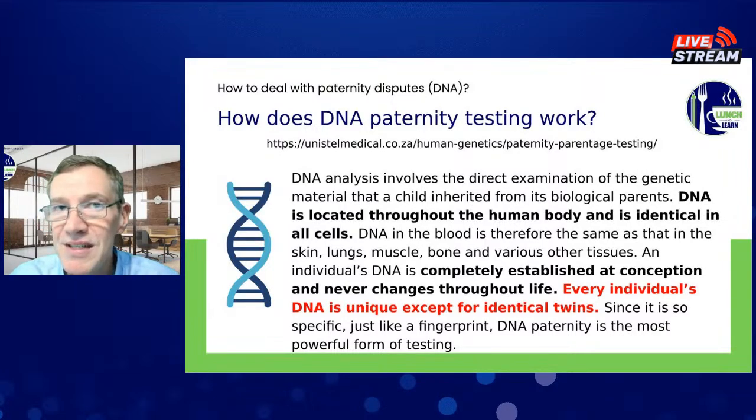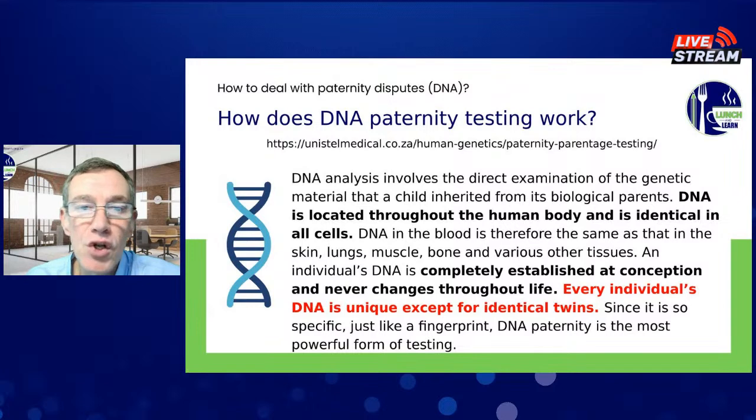So we have DNA strings and DNA cells in our body, which are inherited from both the mother and the father. Now, this blueprint of DNA is located throughout the whole body. It could be found in blood cells, skin, saliva, muscle, bone and other various tissues. So that is all over.